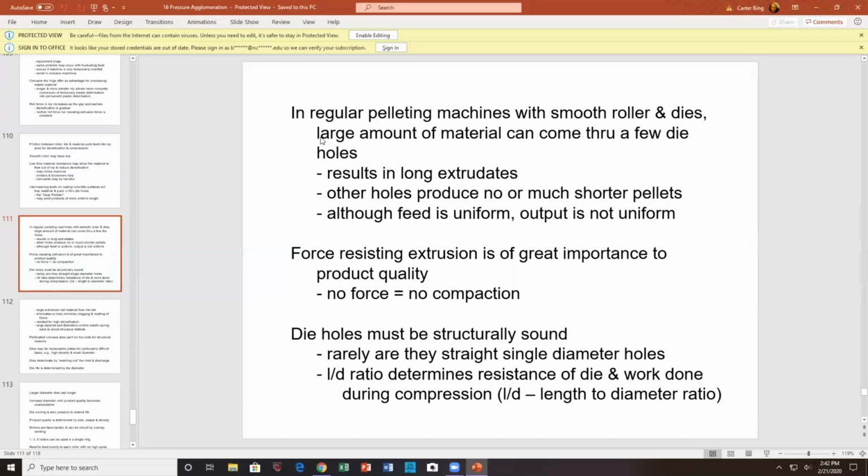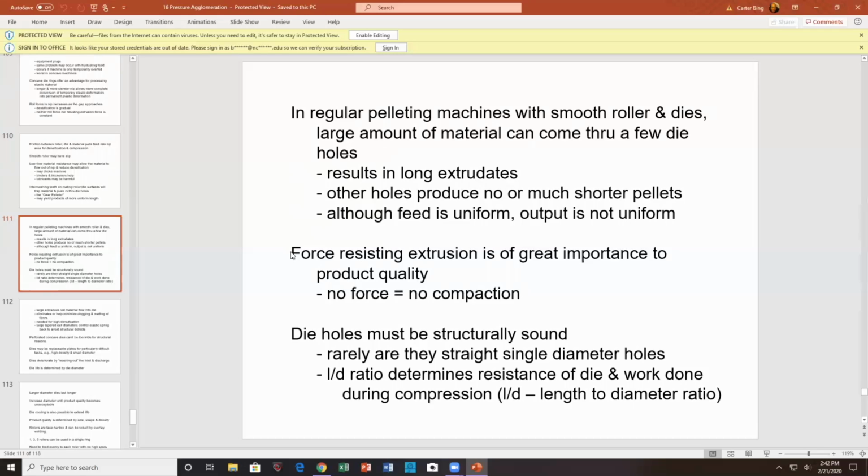If I have a maldistribution of feed, I get large extrudates through some die holes, and other die holes produce no or much shorter pellets. So I have a pellet size problem. Although the feed is uniform, the output is non-uniform.